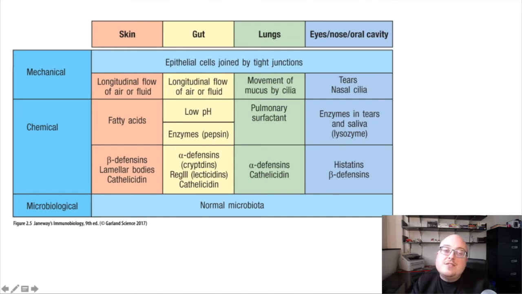And for that reason, they're very good at outcompeting pathogenic bacteria, new bacteria coming in that we really don't want. So they can outcompete them for resources, or they may exert active strategies to exclude colonization by new microbes. But whatever they're doing, the normal microbiota on our bodies are a very important part of the intrinsic way that we prevent the establishment of infection, so they should not go underappreciated.